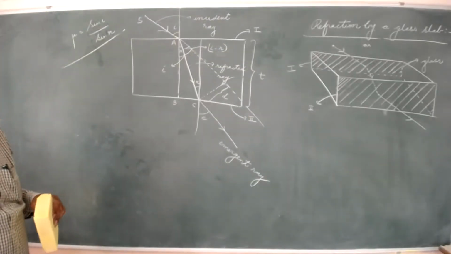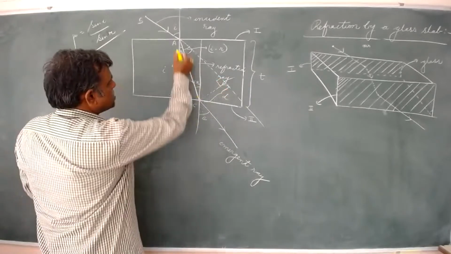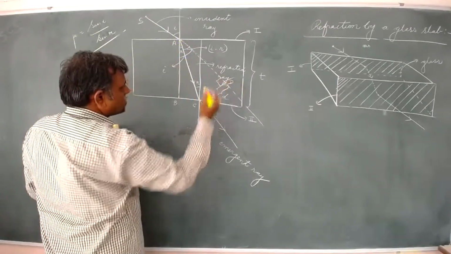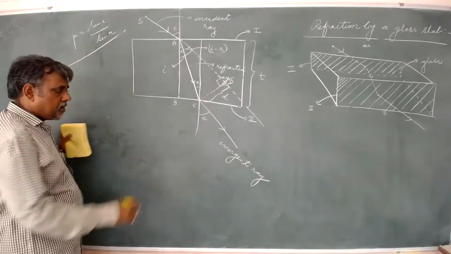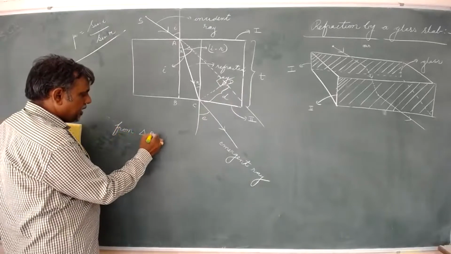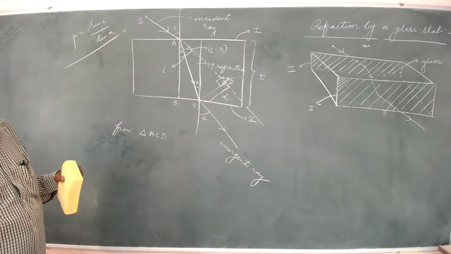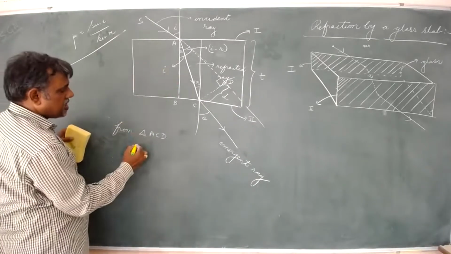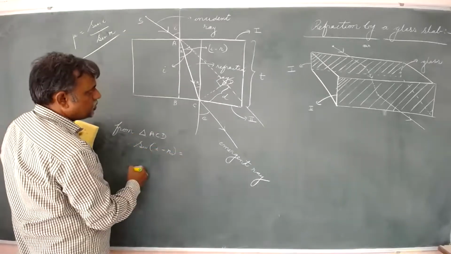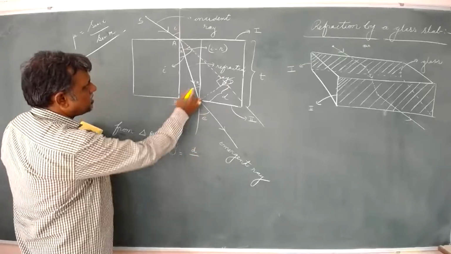Now this is a right angle triangle, ACD. From triangle ACD, sine of (I minus R) is equal to the opposite side, d, by the hypotenuse, AC.